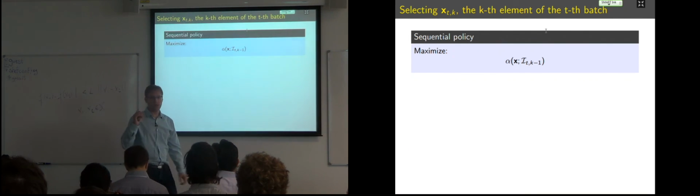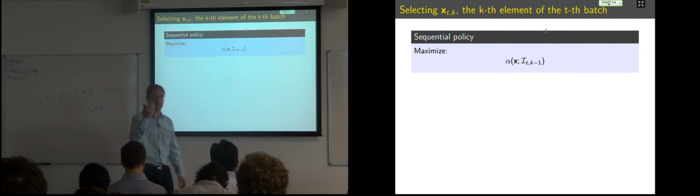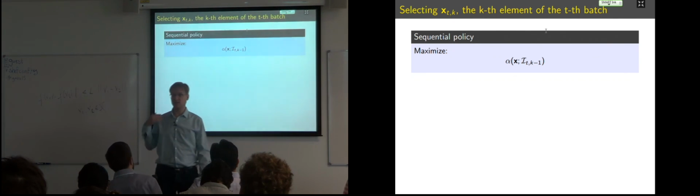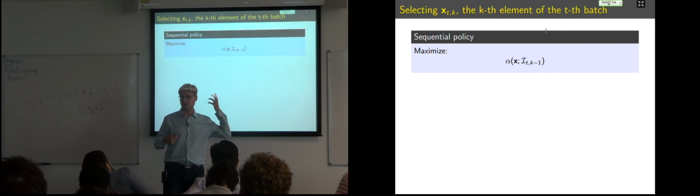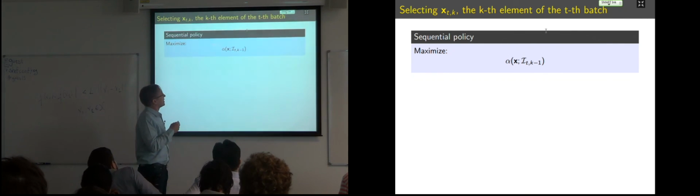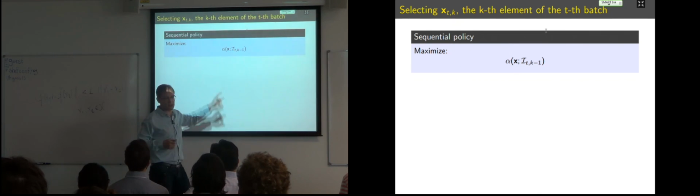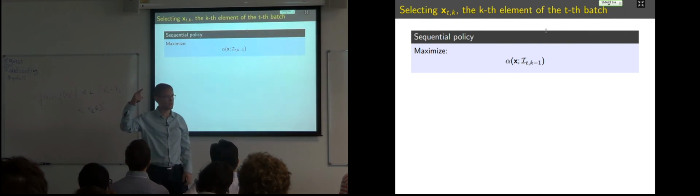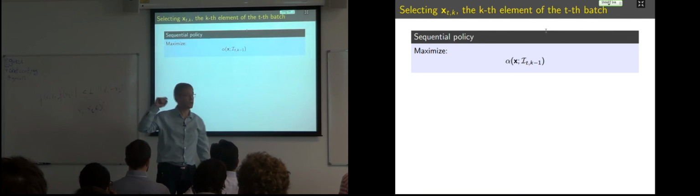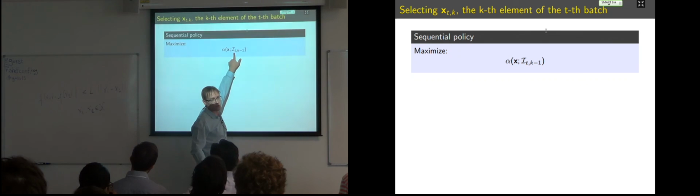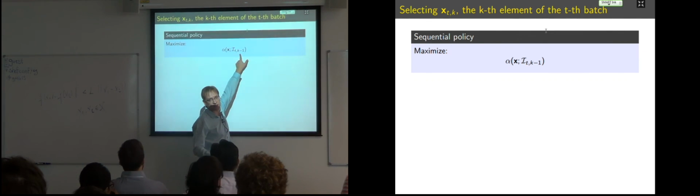So this is how you would express a sequential policy, which is essentially what we have been talking about in this talk, using this notation. Basically, in a sequential policy you can consider that you have batches of size 1, all right? So this is the information that you have when you want to collect the t-th batch, and there are 0 elements in that batch so far, right?